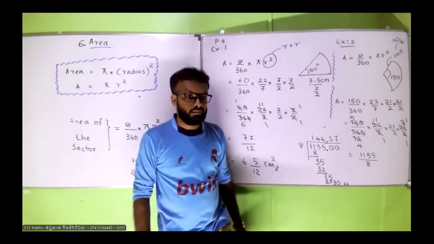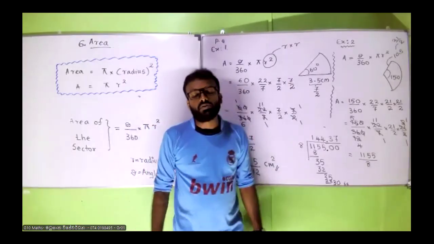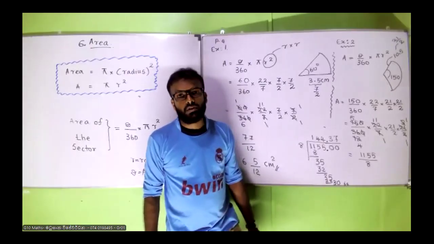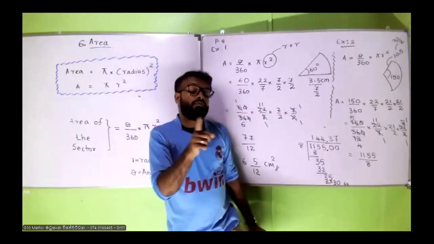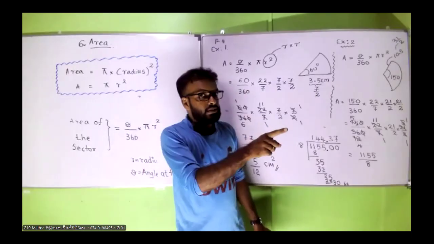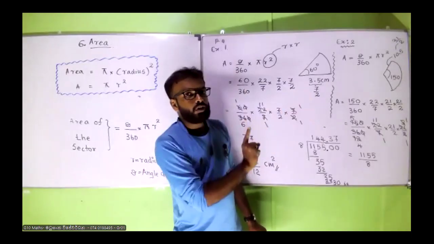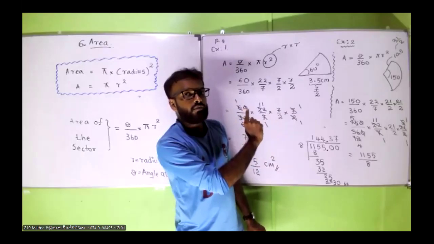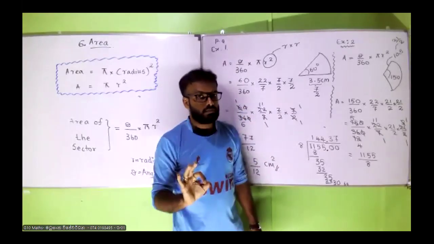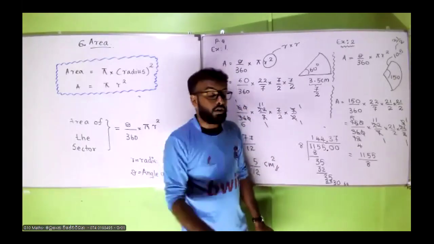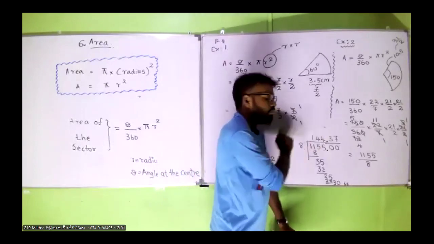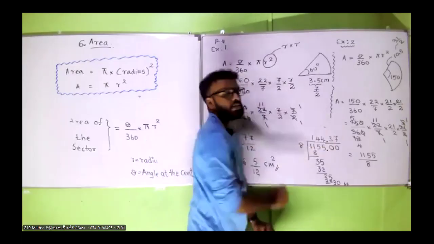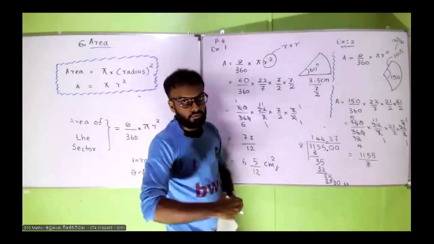Can anyone tell me? 2. Yes, 2, good. Two decimal places. Then you can remove your second decimal place by rounding it off to the first decimal place. That's why I found this number to two decimal places.